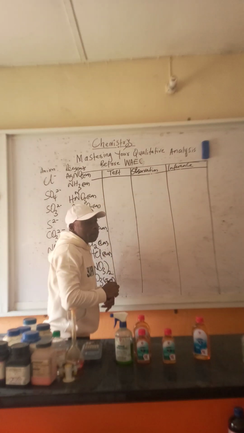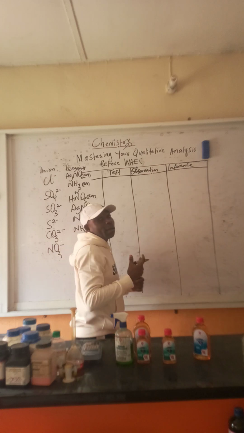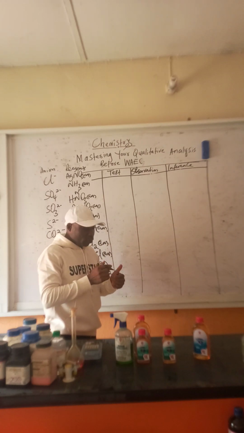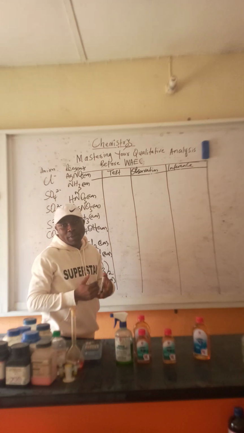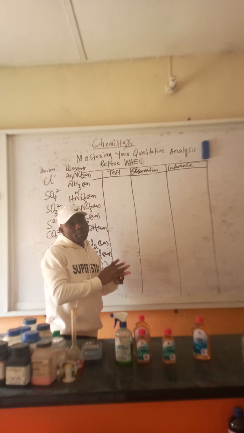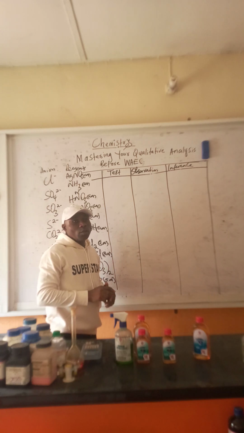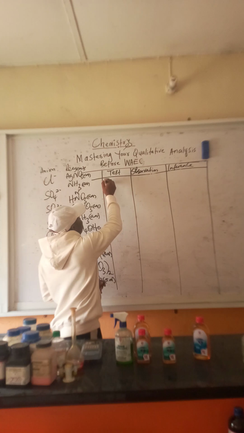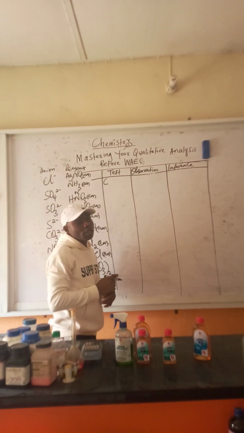Let's say the salt given to us might be labeled C. Because if it is acid-base titration, the acid will be labeled A and the base will be labeled B. Even if it is a redox titration, the oxidizing agent will be labeled A and the reducing agent will be labeled B. So the salts for qualitative analysis start from C, D, possibly E, depending on the number of salts available.